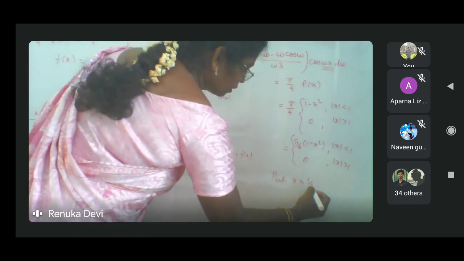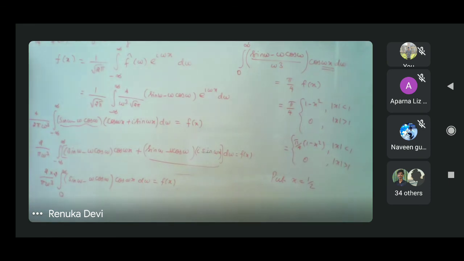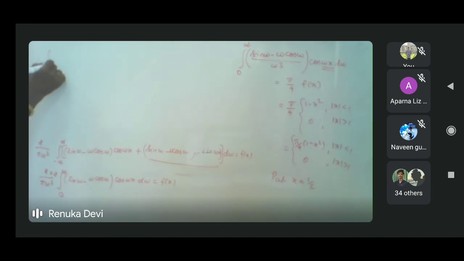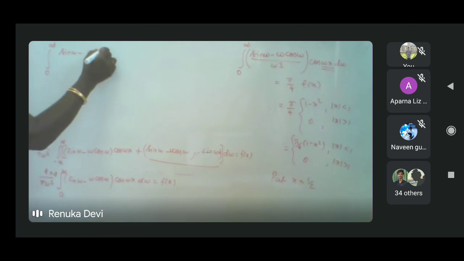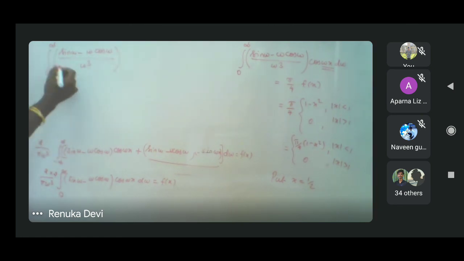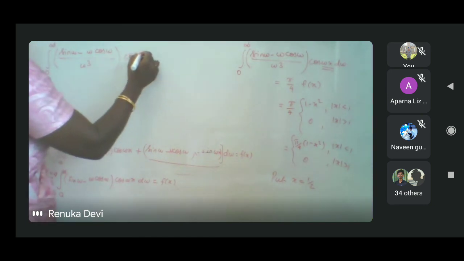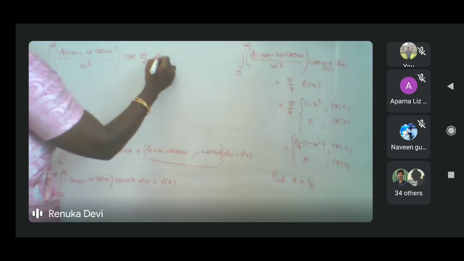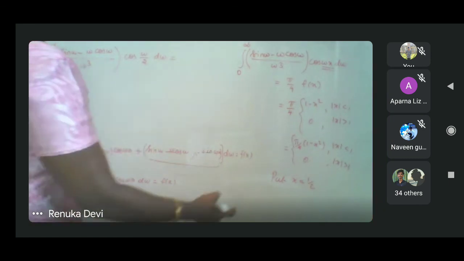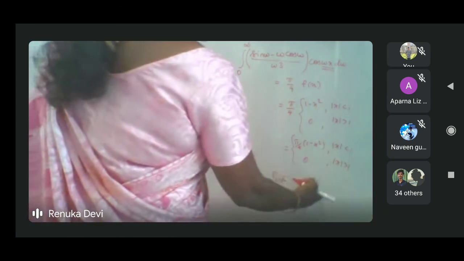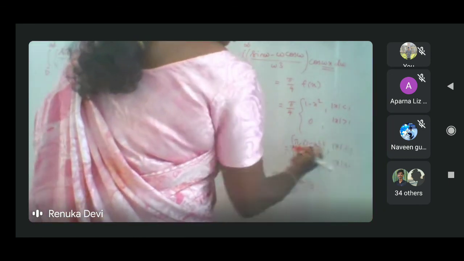What do you get? The integral from 0 to infinity of (sin w minus w cos w) by w cubed into cos w by 2 dw is equal to, here when x is 1 by 2, that is modulus x is less than 1, so this is the value.